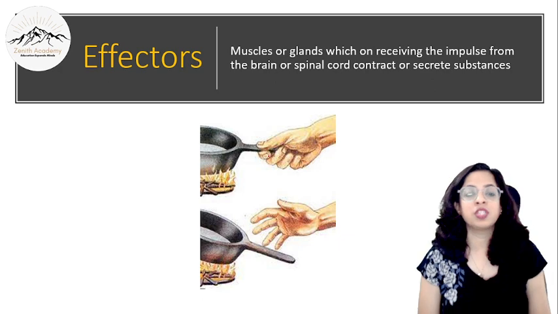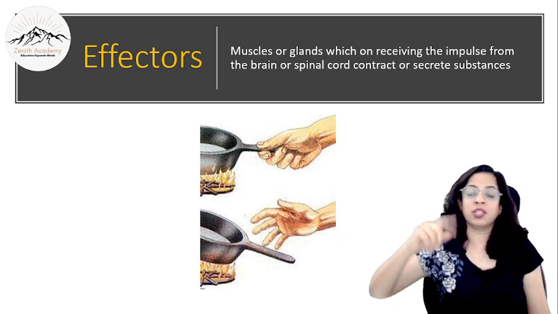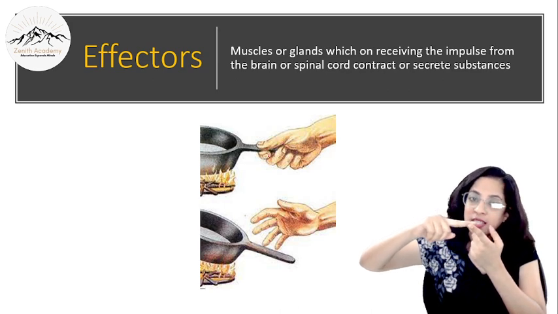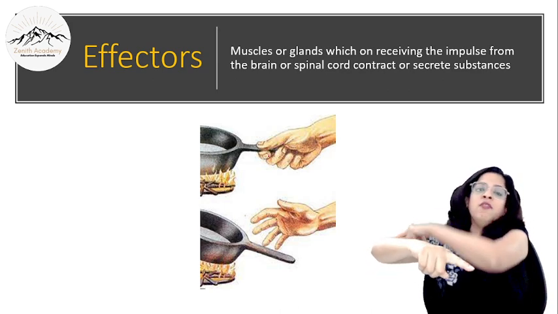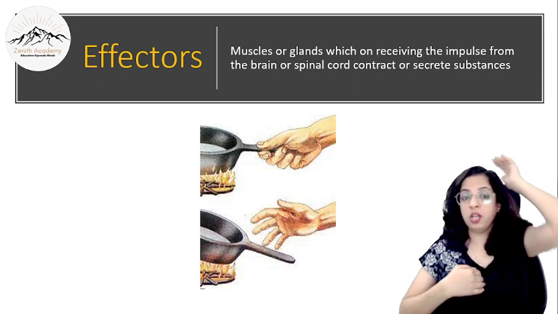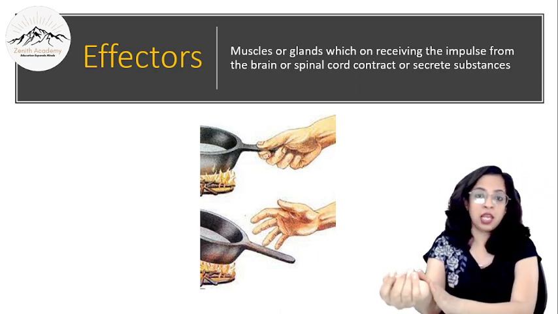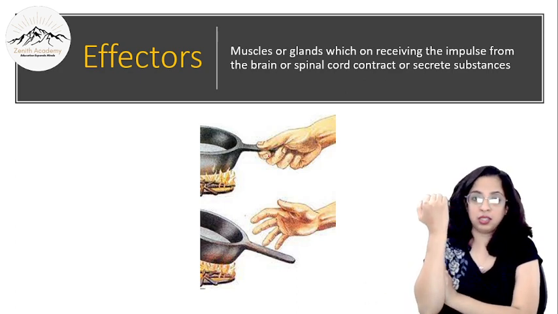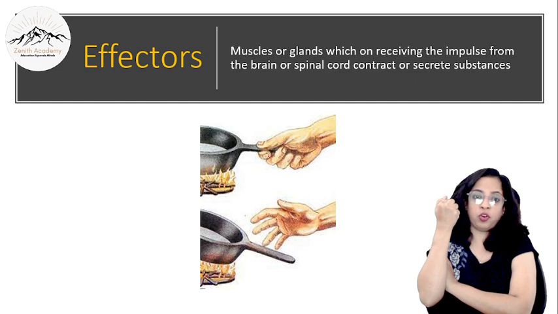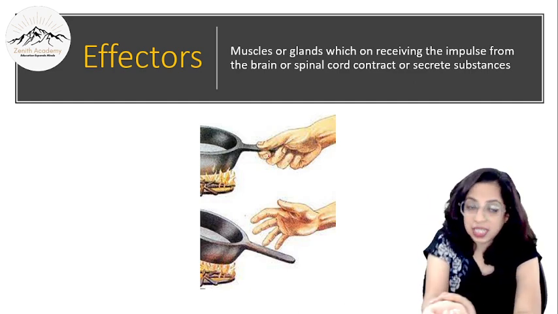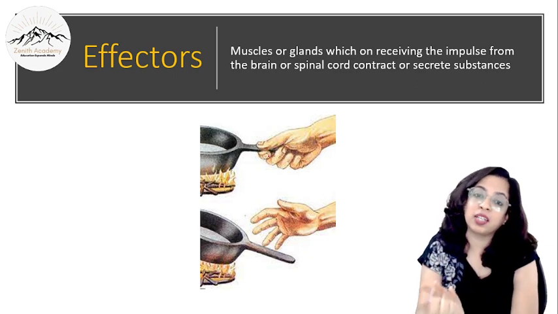So here the stimulus is heat, the receptor was the epithelial cell, and it gave the nerve impulse inside. Now from the brain or the spinal cord, your muscles will get an indication that you have to contract. The muscles have contracted and then you withdraw your hand. So these muscles are the effectors.